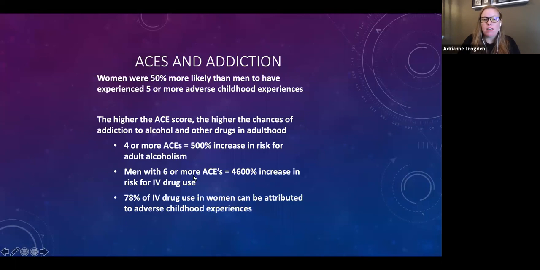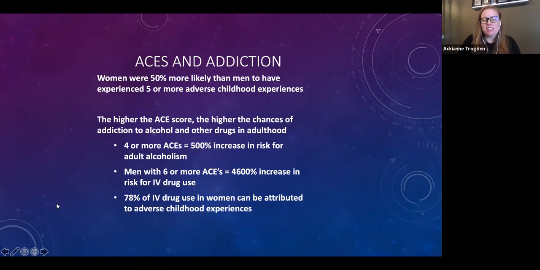They've gone backwards in the research, giving ACE scores to people in substance use treatment programs or addiction treatment programs and compiling that data to see how many of those people also had these adverse childhood experiences. And so 78% of IV drug use in women is attributed to adverse childhood experiences. So there's a direct correlation there.